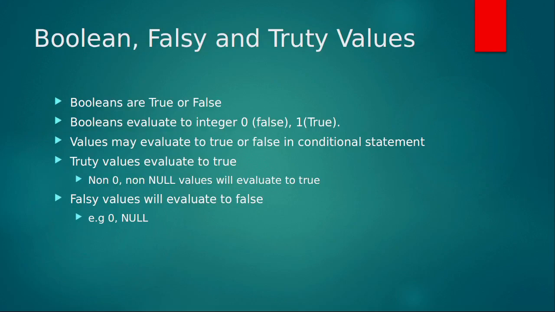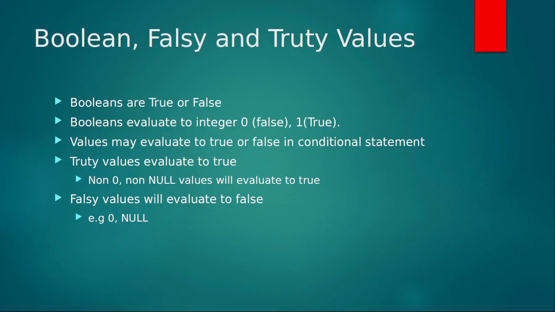So instead of writing true or false, you could actually use 0 or 1 in your conditional statement. But other values may evaluate to true or false in conditional statements. And this is where we have the concept of falsy values and truthy values.